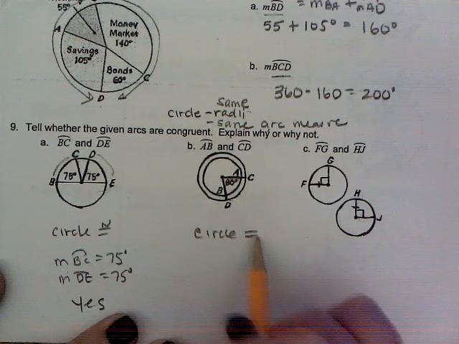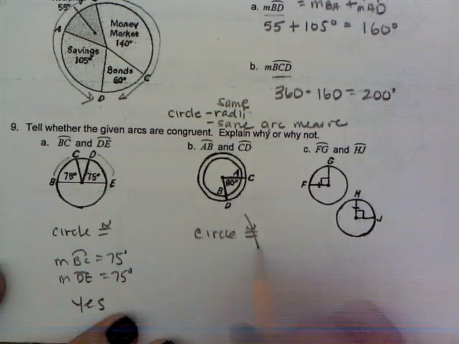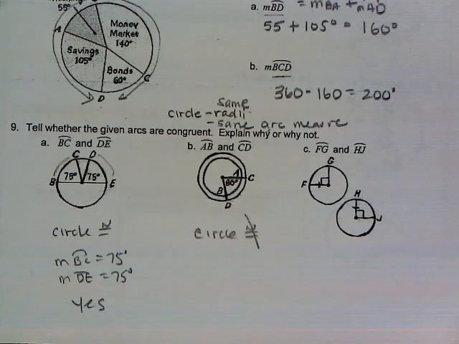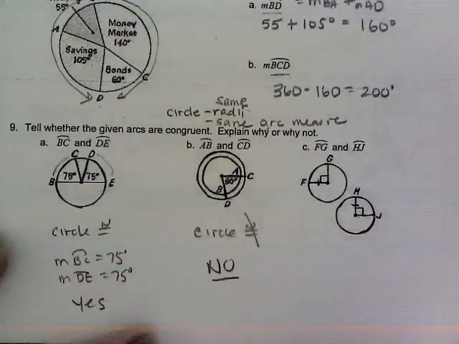Because your circles are not congruent, it doesn't matter if your arc measure is the same, your arcs can't be congruent. What's the arc measure for both of them? It's 80 for both of them, but because the circles aren't congruent, the arcs can't be congruent. So it's no. It has to be both things.